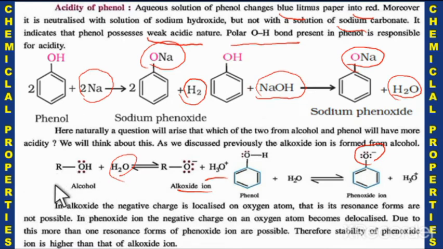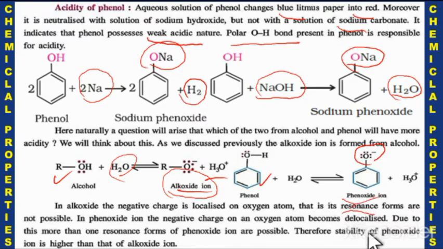If we consider alcohol and phenol, the alcohol forms the alkoxide ion and the phenol forms the phenoxide ion. The alkoxide ion does not undergo resonance, whereas the phenoxide ion can undergo resonance.